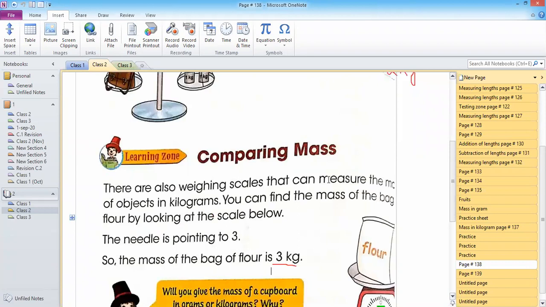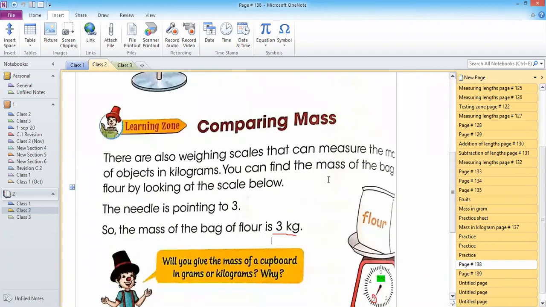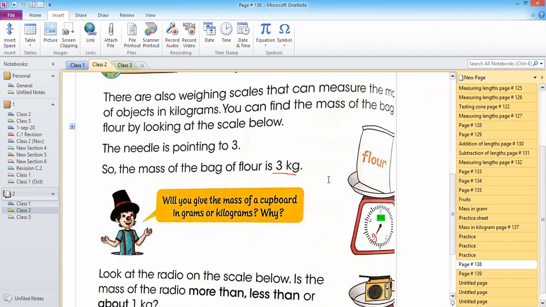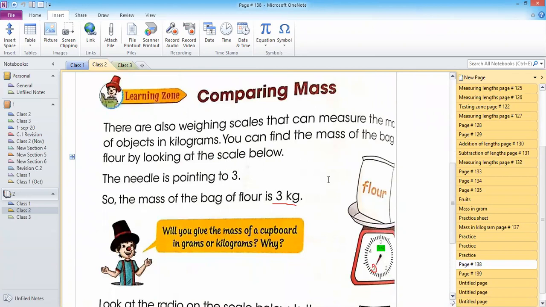So guys, we were talking about comparing masses, right? I taught you how to read different weight scales. We have already discussed how to check the mass of flour, mass of rice, mass of apple by two different weight scales.